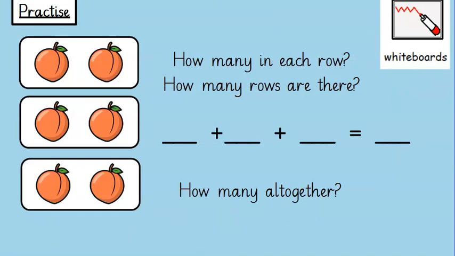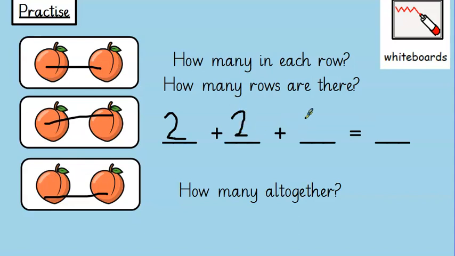So look here. How many is in each row? 1, 2. There is 2 in each row. How many rows are there? You can see there's 1, 2, 3. That means I need to add 2 3 times. 2 and 2 and 2. 3 times.